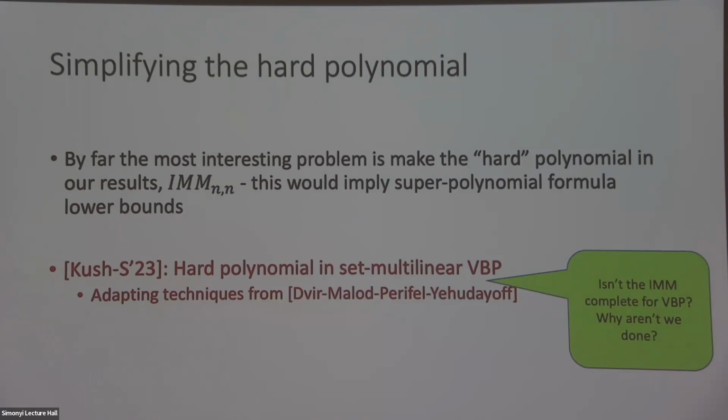And you may ask, isn't the IMM kind of complete for branching programs? So why aren't we done? Now I have a hard polynomial which is a branching program. Every node computes a set multilinear polynomial. You can write that branching program as a product of matrices. And now, do these matrices have this self-reducibility property?